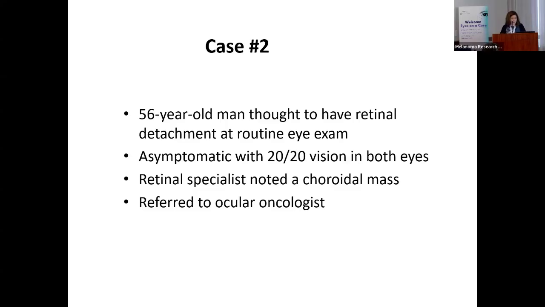The second patient is a 56-year-old man who was thought to have retinal detachment on a routine eye exam. He was completely asymptomatic, had 20/20 vision in both eyes. Because of the concern for retinal detachment, he saw a retinal specialist who noticed a choroidal mass and referred the patient to Dr. Singh.